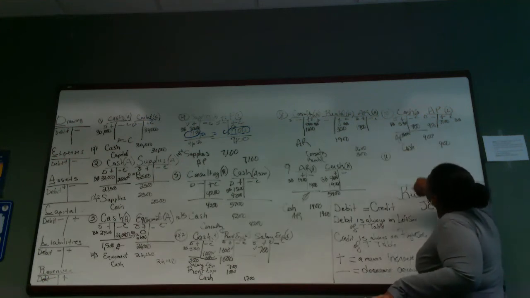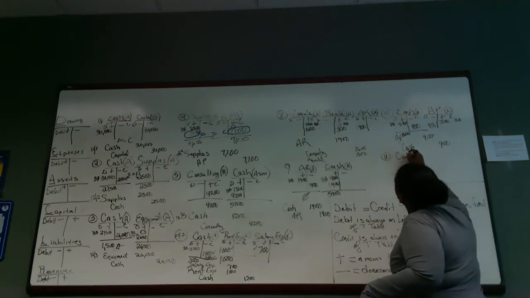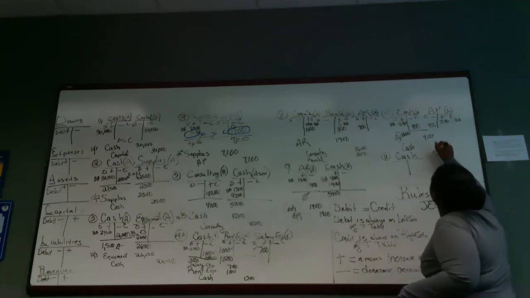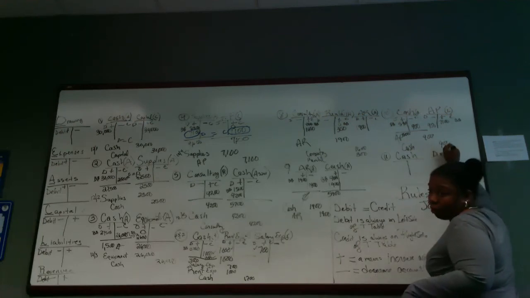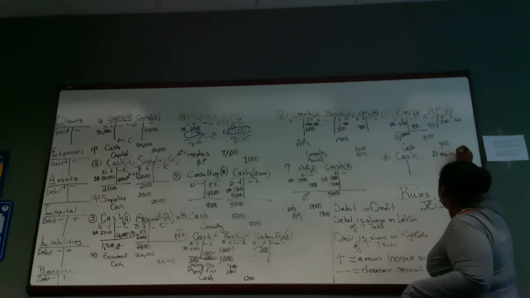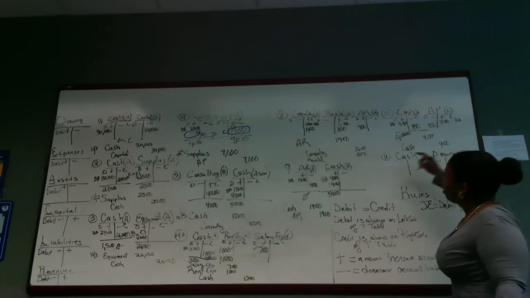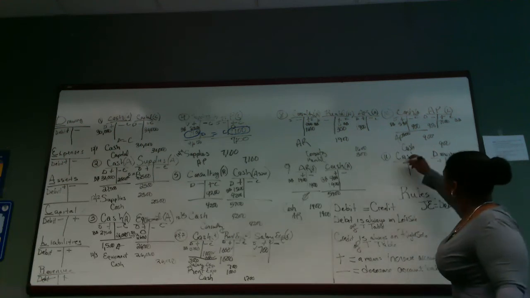So he's going to take some money out. Our key table is going to be cash and drawing, right? Taking money out of the business, and drawing is the name of the account that represents that. Drawing is a plus-minus. Cash is a plus-minus because it's an asset.